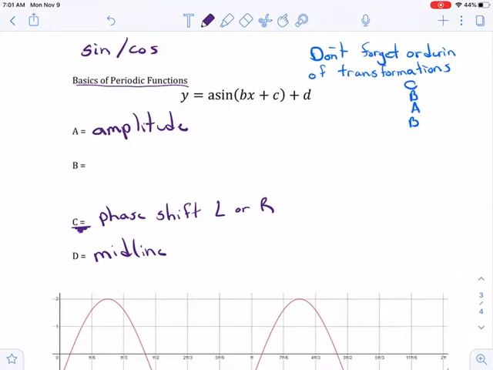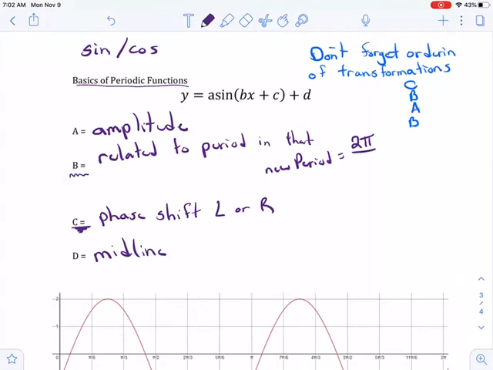And then finally is this b value. And again, ideally we've done the investigation on the prior page, but we can say that this is related to the period in that our new period is going to equal 2 pi divided by that b value.